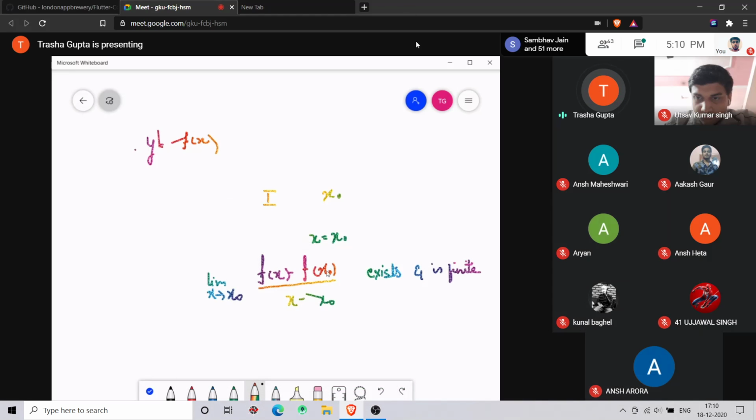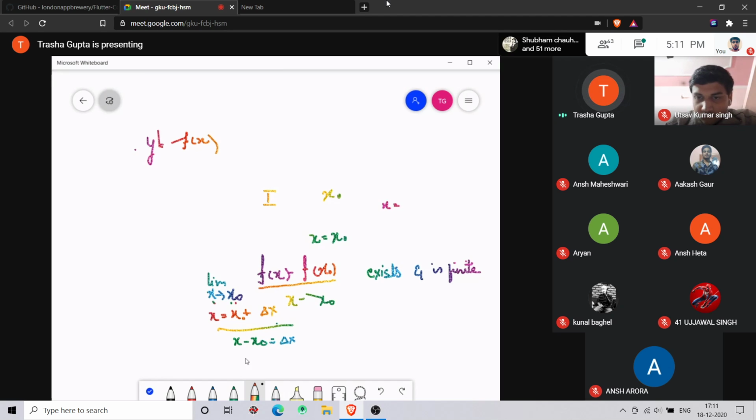And this thing can also be written as, as we are saying that x is approaching x naught, so we can say that x is equal to x naught plus delta x, right? We can say like this also. So basically x minus x naught is equal to delta x.